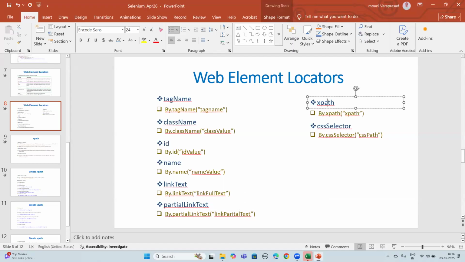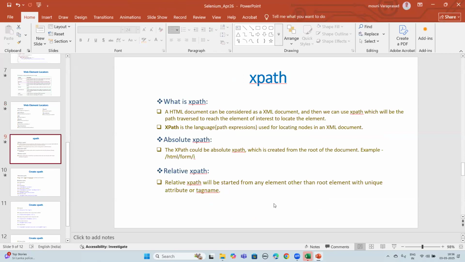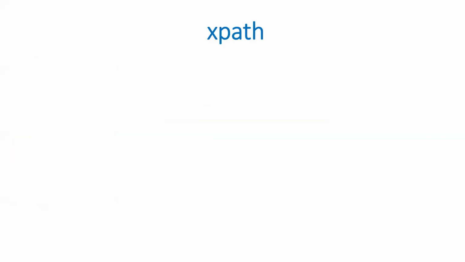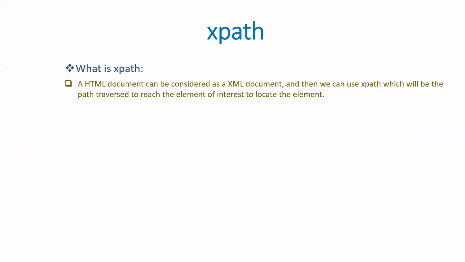And another important locator we discussed, XPath. So what is XPath? See, XPath is actually a language, we can say. It is used to identify XML nodes in the XML file. So XPath is a language or expression or pattern, we can call it, which is used to identify XML nodes in the XML document.